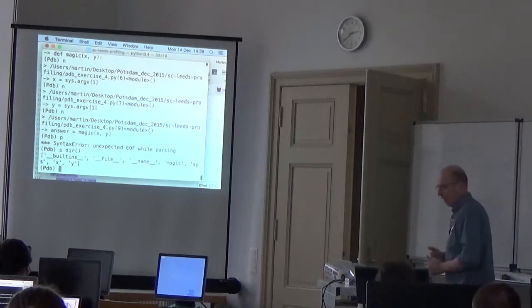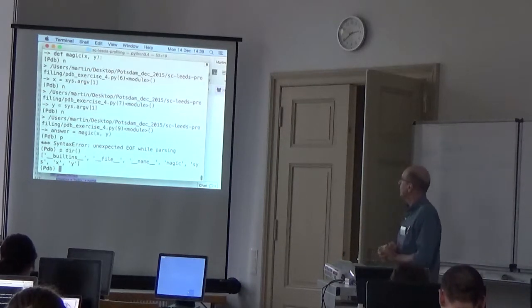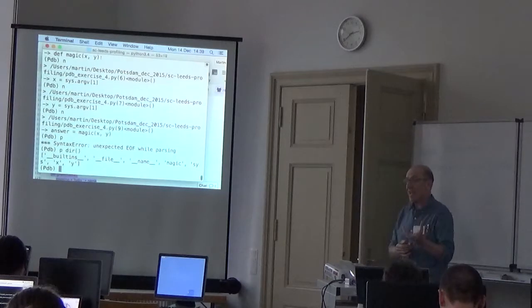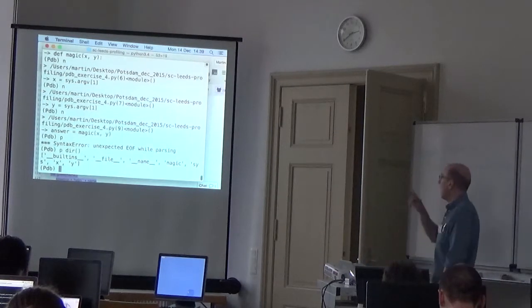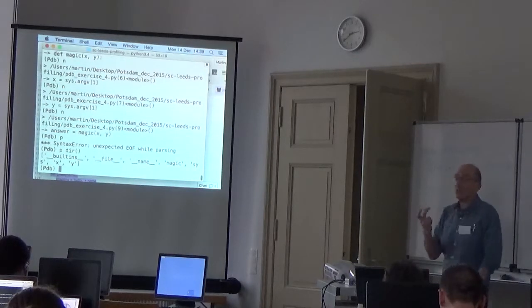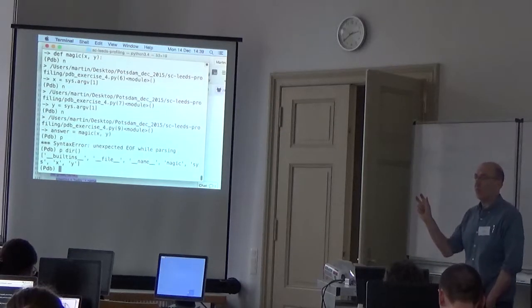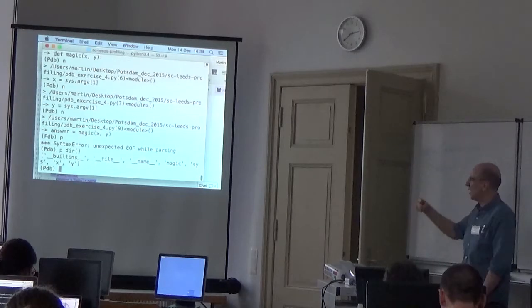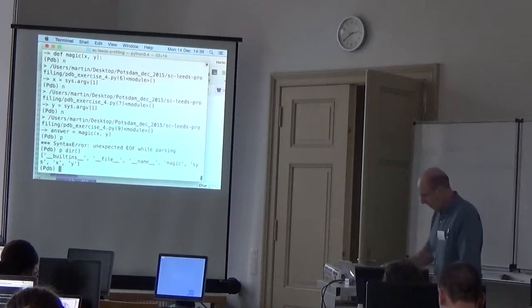So built-ins, file and name are Python built-ins, but magic, because magic is the name of the function, sys, which is the name of the module, x and y. Oh, so x and y have got values. So x and y exist. We at least know they exist. So all that tells me is what variables exist. That's not really very nicely formatted. It's just a list, isn't it?